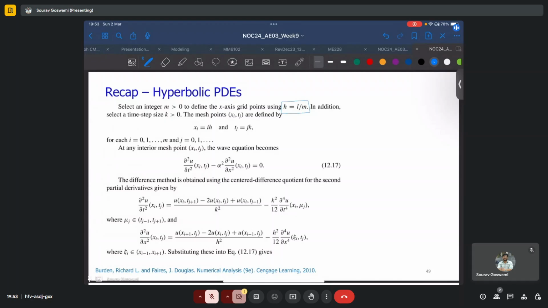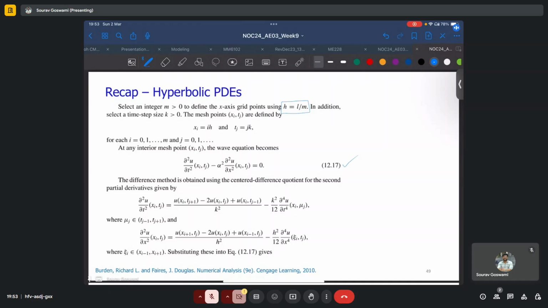Then the mesh points will be defined along the x-axis as i times h, and along the time axis by j times k. And at any interior mesh point, the wave equation will then take the form of equation 12.17, which is del squared u by del t squared at x i, t j minus alpha squared del squared u by del x squared at x i, t j is 0.